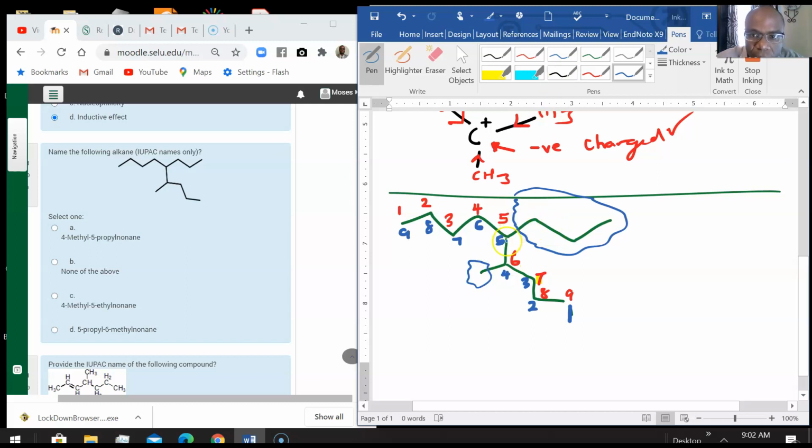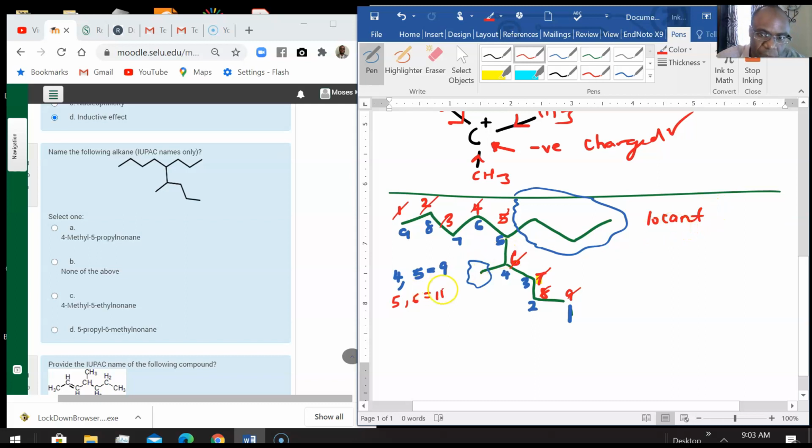So if you go with the blue, you have a substituent on 4, 5. Sum it up, you get 9. If you go with the red, you have a substituent on 5, 6. Sum it up, you get 11. So the red numbering is wrong because it's not prioritizing the substituents. We said you have to give the substituents the lowest locant position possible.